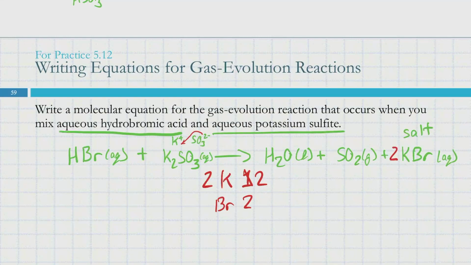So we've got 2 bromines now, and on the left side we only have 1 in our hydrobromic acid. Those are rookie numbers, got to get those up. So now we've got 2 HBr because of our coefficient of 2, which means we've got 2 hydrogens. We've got 2 hydrogens in our H2O. The SO2 plus the O equals SO3. So we're all balanced up at this point.